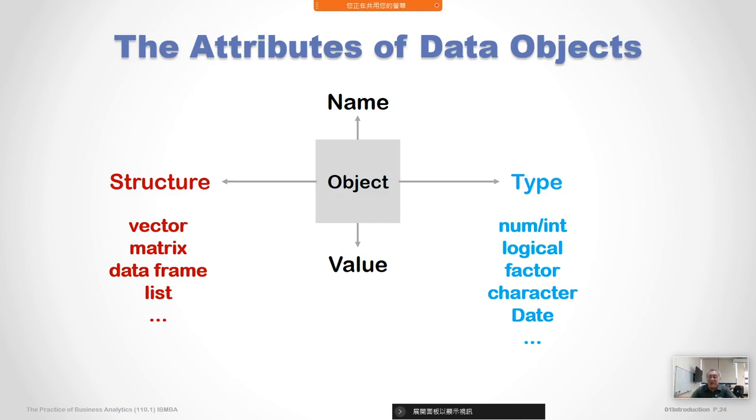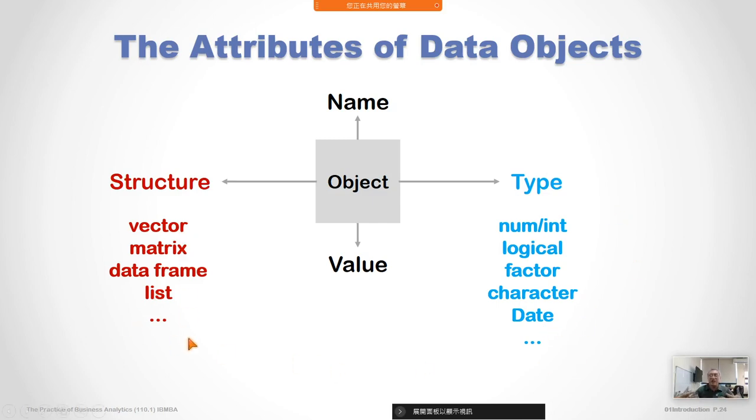And different types and structures of objects need to be computed in different ways, and that is what makes programming difficult. Now, in your first week's homework assignment, I will get you familiar with the data types and the data structures in R.